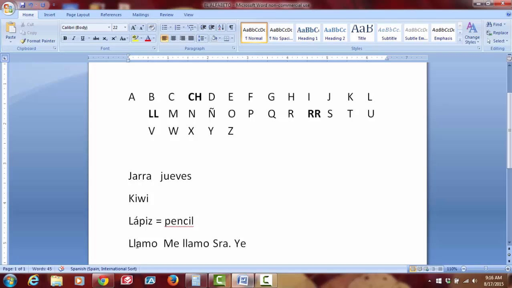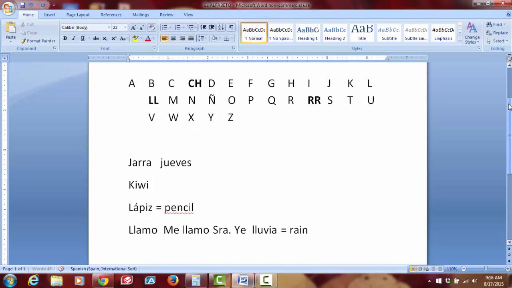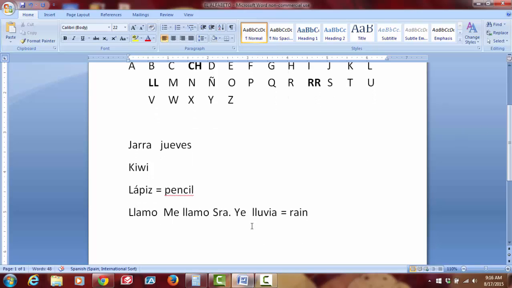Okay, so it's pronounced like a Y. In some Latin American countries, you will hear this pronounced like a soft J. For example, the word lluvia is frequently pronounced with a J sound, and that means rain. Neither is incorrect. Typically, I do use the Y, but you will hear the J, and that is fine as well.